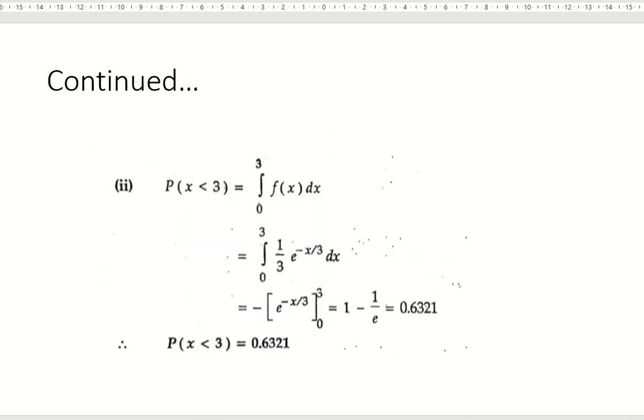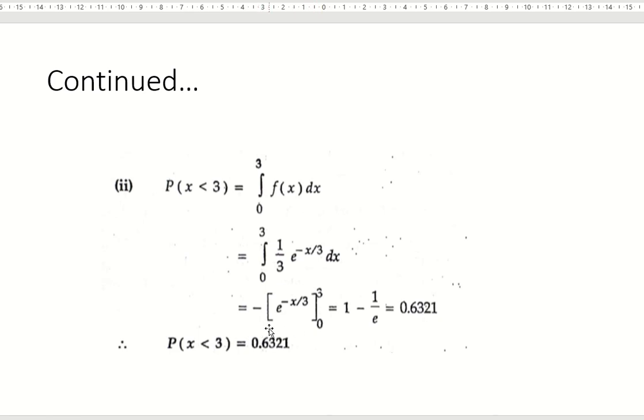What about the next one? P of x less than 3. That means lower limit we already know is 0, upper limit is 3. So 0 to 3 f of x dx. So what will we get? F of x is nothing but 1 by 3 e power minus x by 3. Integrate this. 1 by 3 keep outside. Integration of e power minus x by 3 is e power minus x by 3 divided by minus 1 by 3.